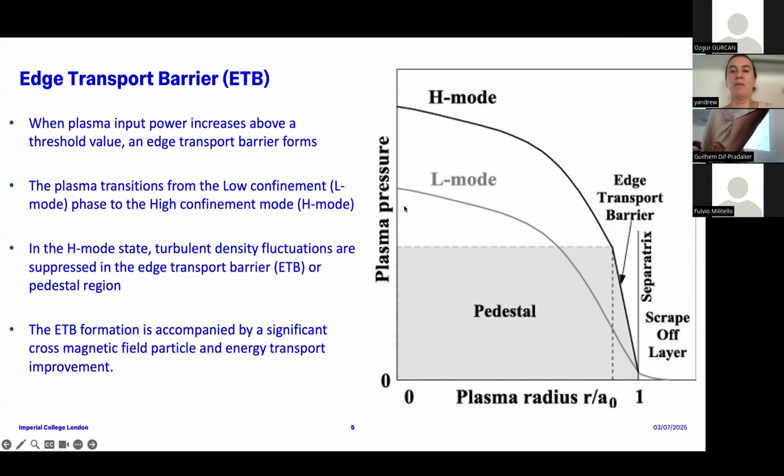So a typical L mode profile here is smooth from the plasma core out into the scrape-off layer, and then on the formation of this ETB, the edge transport barrier, this very thin layer, we develop these steep pressure profiles within the separatrix, which leads to this propping up, if you like, of the plasma pressure, the so-called H mode.